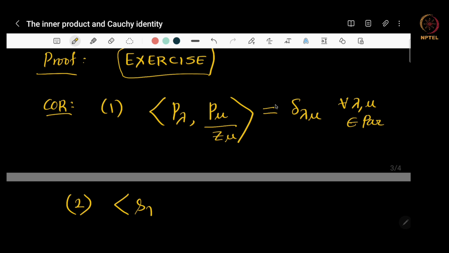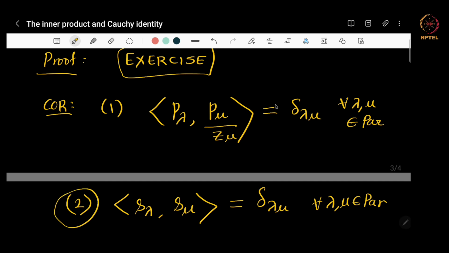And here's the very important corollary. It says the inner product of S lambda with S mu is actually delta lambda mu. In other words, the Schur functions form an orthonormal basis with respect to this inner product. And you can maybe use this second identity to show that this is an inner product, that it satisfies all the three axioms that you require of inner products.